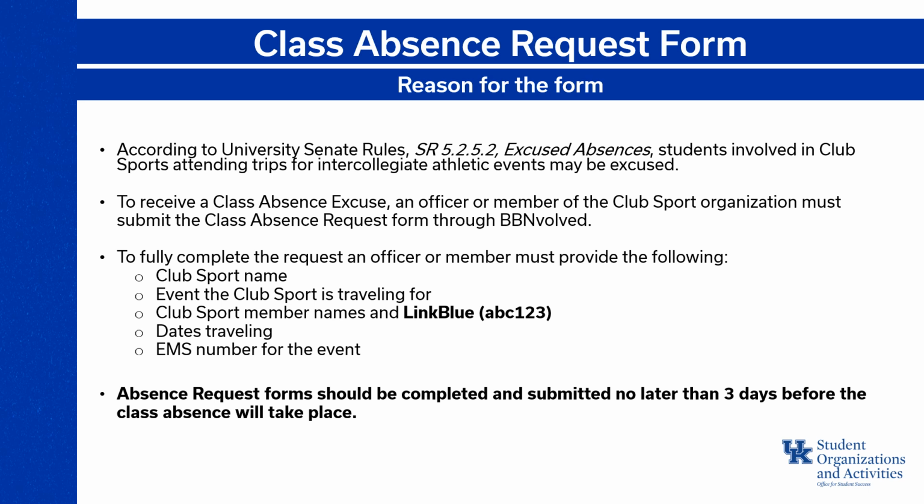To fully complete the request, an officer or member must provide the following: the club sport name, the event the club sport is traveling for, club sport member names and Link Blues, the dates for traveling, as well as the EMS number for the event. Absence request forms should be completed and submitted no later than 3 days before the class absence will take place.